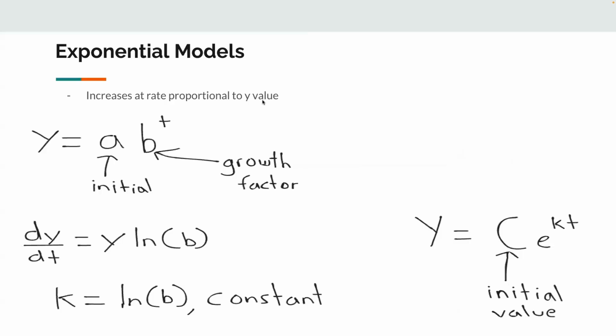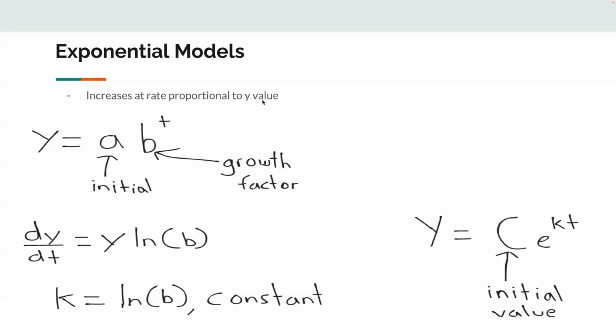Okay, exponential models. So all you need to know about exponential models is that they increase at a rate proportional to the y value. And they can be modeled by this equation. Y is equal to a b to the t. A is the initial value, b is the growth factor, and t is the time. So if we take the derivative of this, it actually just turns to y ln of b. And this is because if we take the derivative using the chain rule, it'll just be a b to the t times the derivative of b to the t.